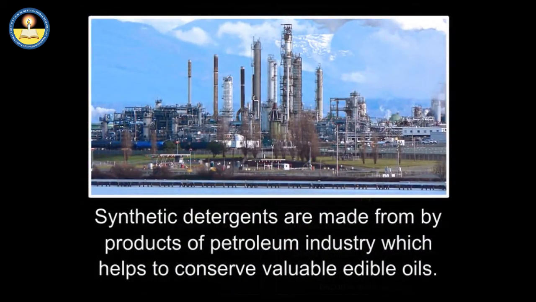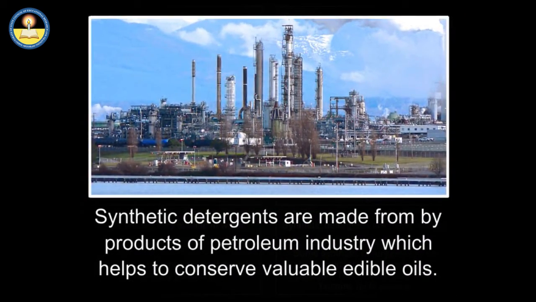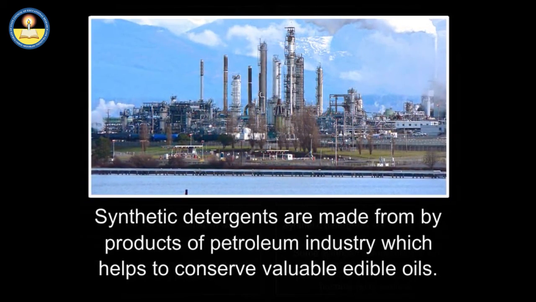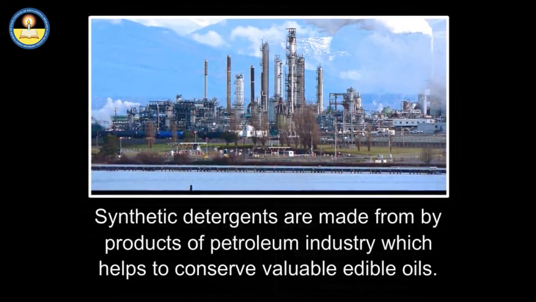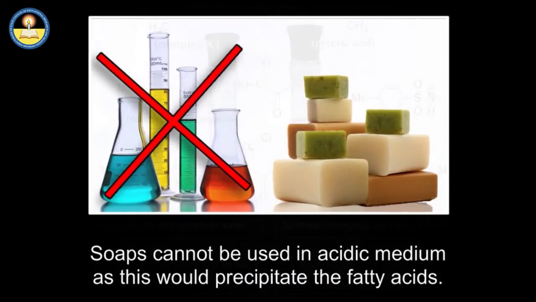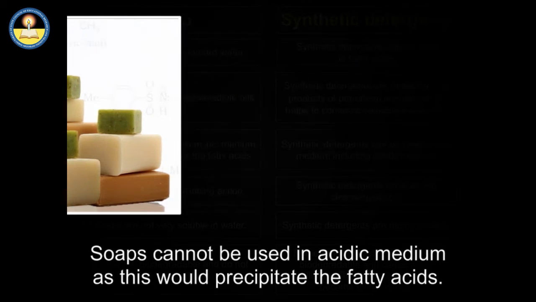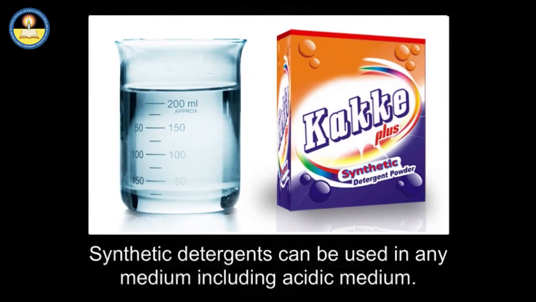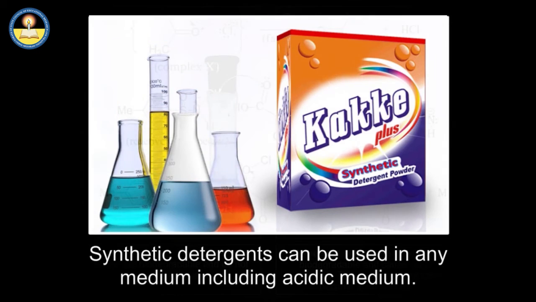Synthetic detergents are made from byproducts of petroleum industry or petrochemicals which help to conserve valuable edible oils. Soaps cannot be used in acidic medium as this would precipitate the fatty acids. Synthetic detergents can be used in any medium including acidic medium.